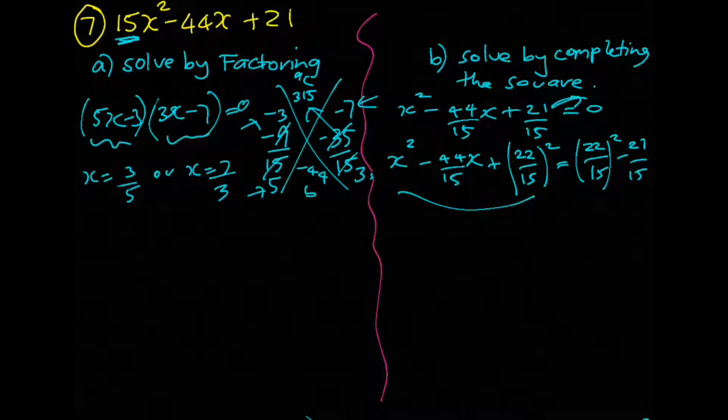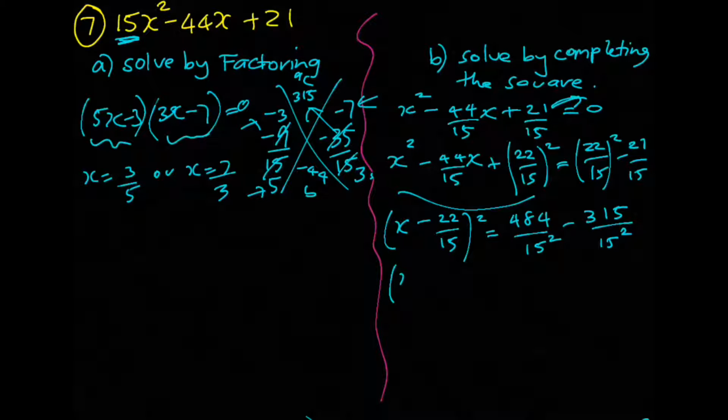So again, that's the perfect square of x minus 22 on 15 squared, and that equals 22 squared, which is 484 on 15 squared, minus 315 on 15 squared. So x minus 22 on 15 all squared is equal to 169 on 15 squared. Now we take the square root of both sides, and that leaves us with plus or minus 13 on 15.